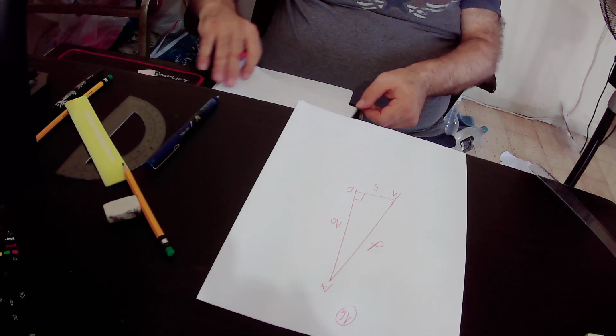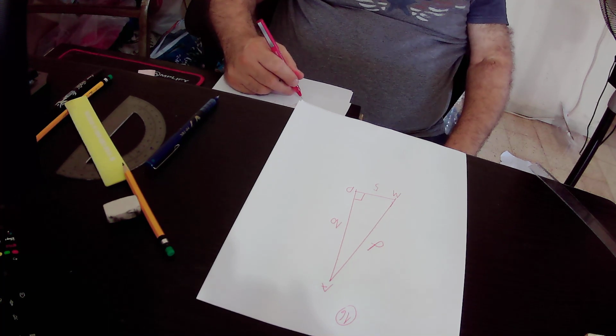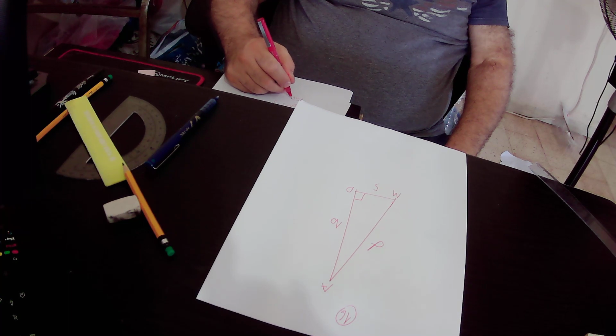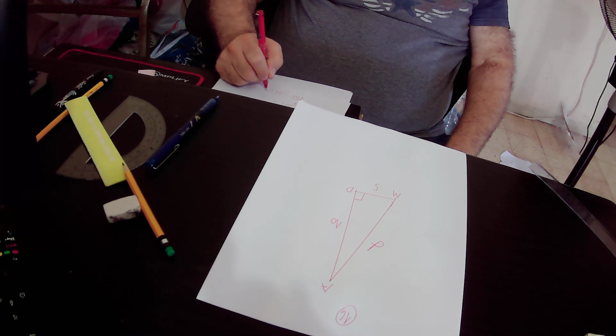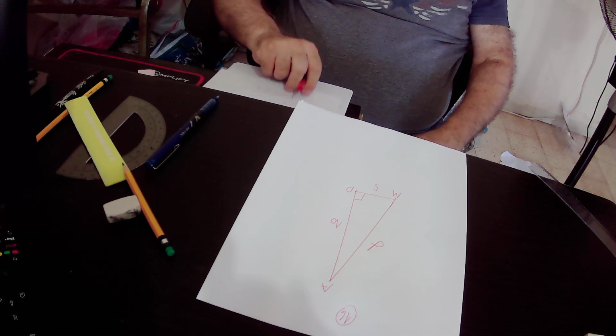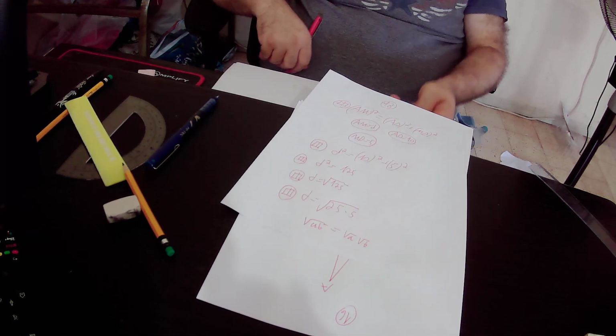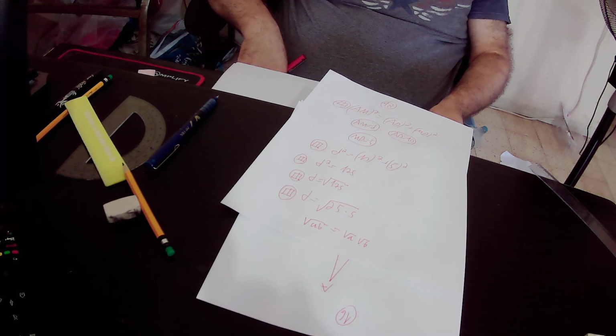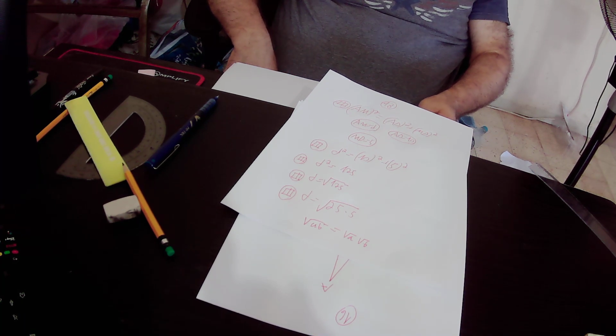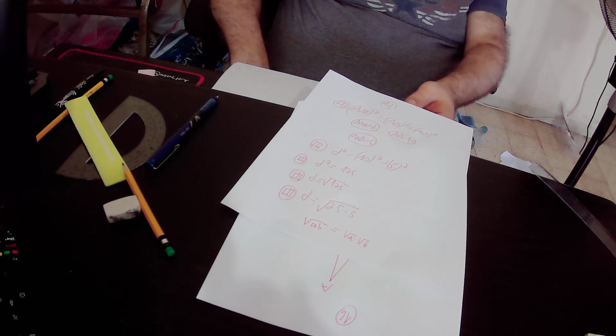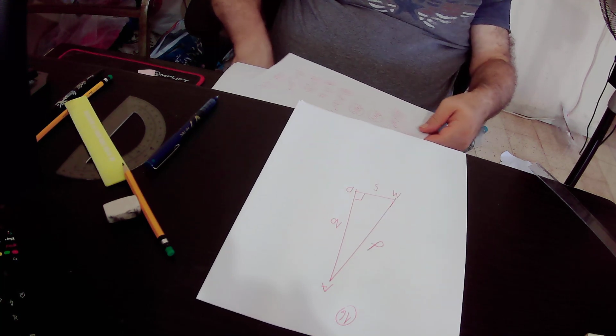Now we can separate the roots into two roots according to the rule that the root of a times b equals root a times root b. So the root of 25 times 5 will be equal to root 25 times root 5.